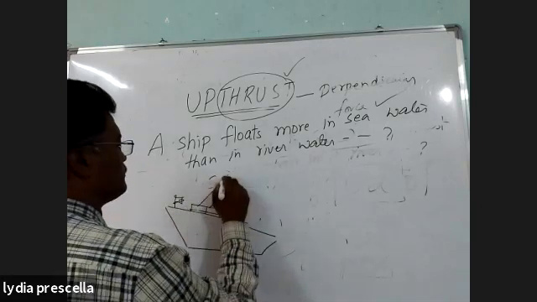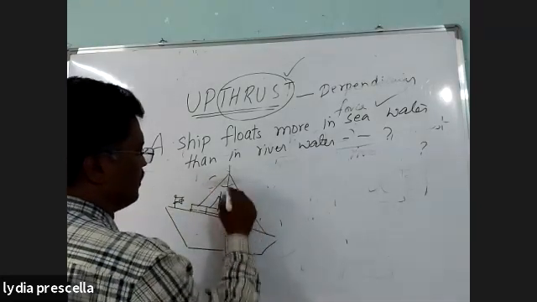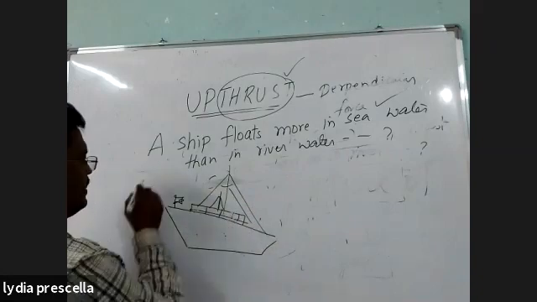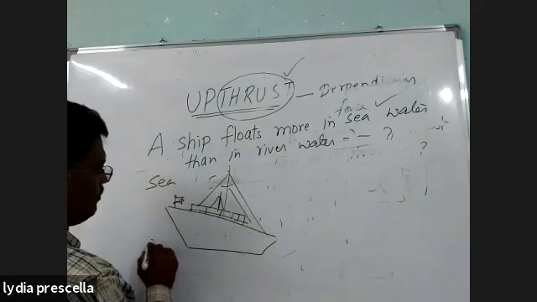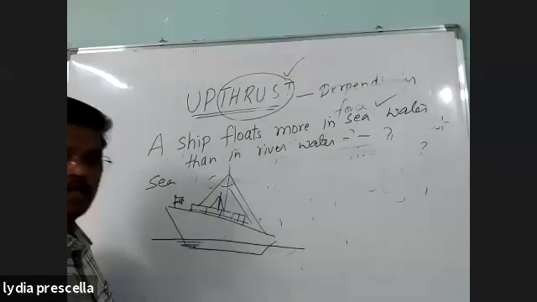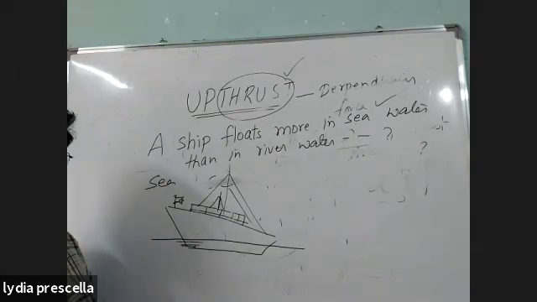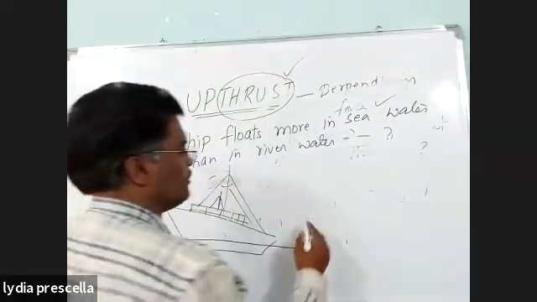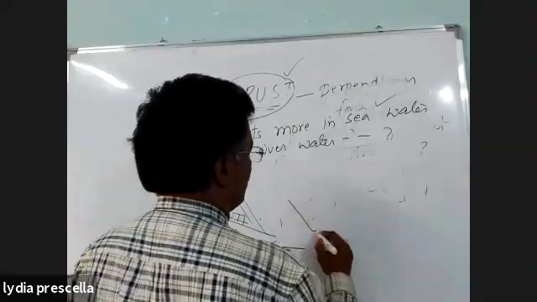For example, this is inside the sea. Now it is up to here. See the depth here. The depth is up to here. But when it goes into the river, it goes like this.